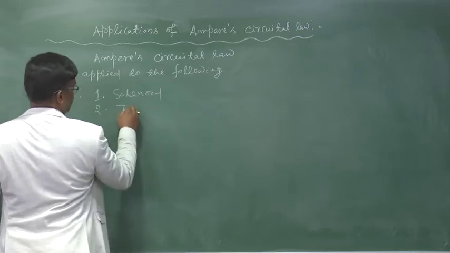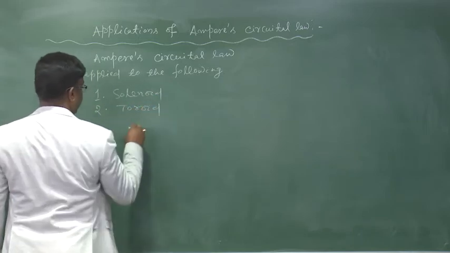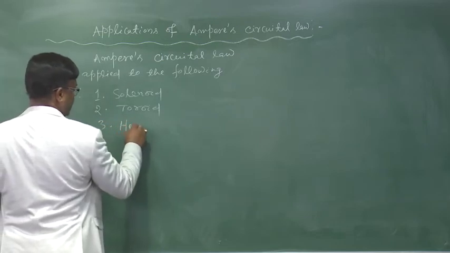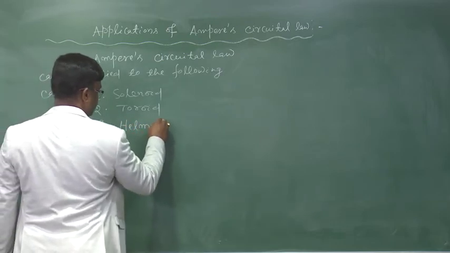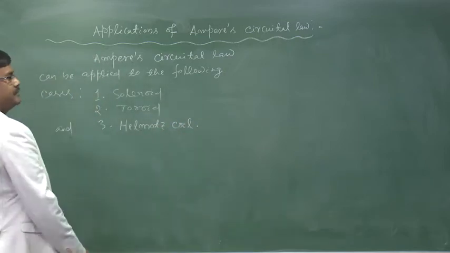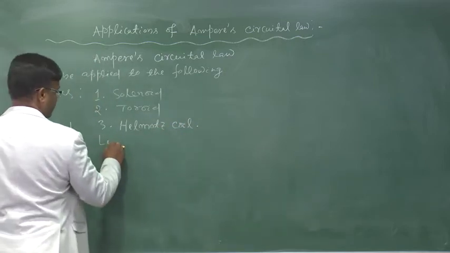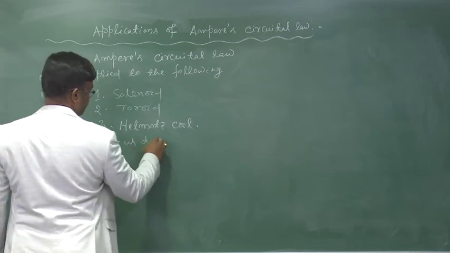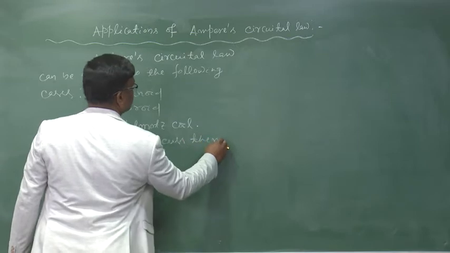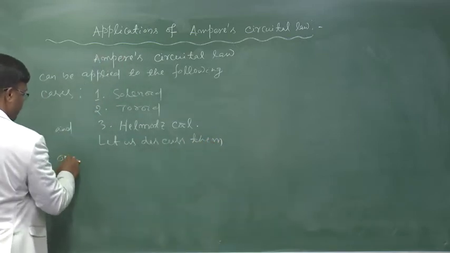Number 2, toroid, and number 3 is Helmholtz coil. Let us discuss them one by one.